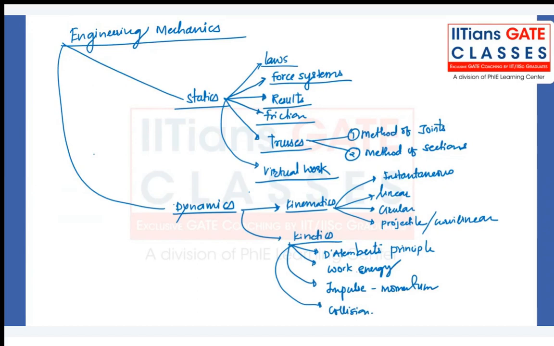We also studied what will happen if a completely elastic, plastic, or partially elastic collision happens. What will happen to the coefficient of restitution, and how the equation of momentum will look. Okay, and we studied problems in combination of all of these.